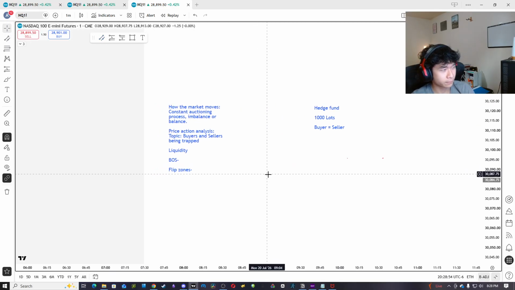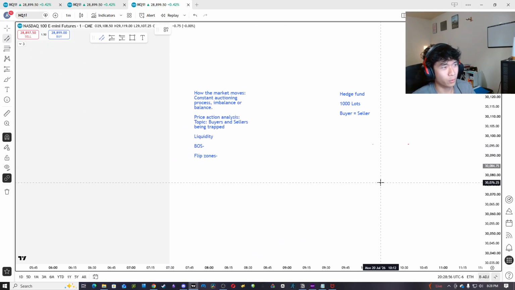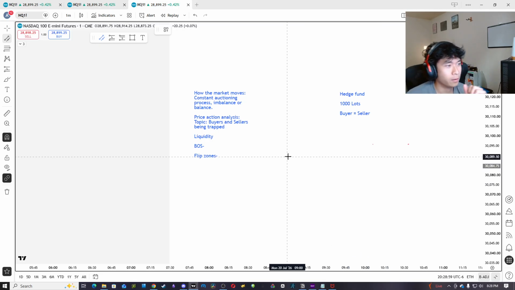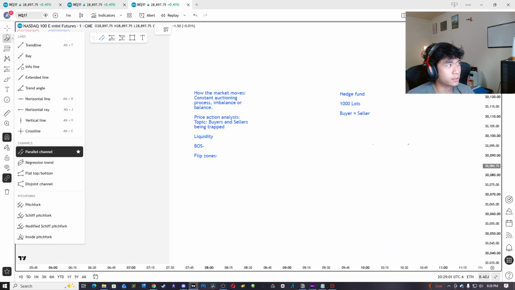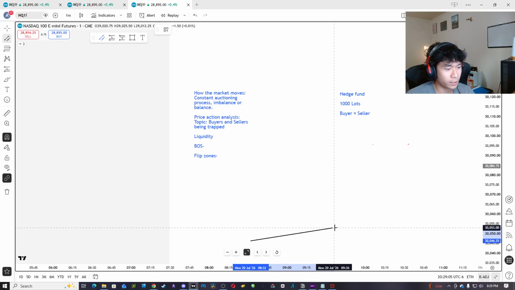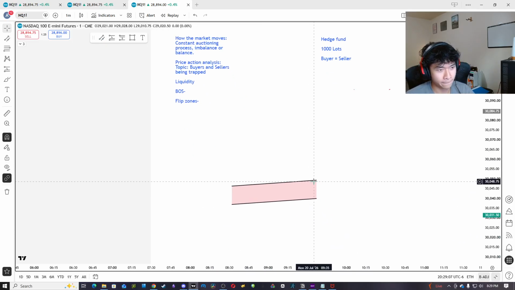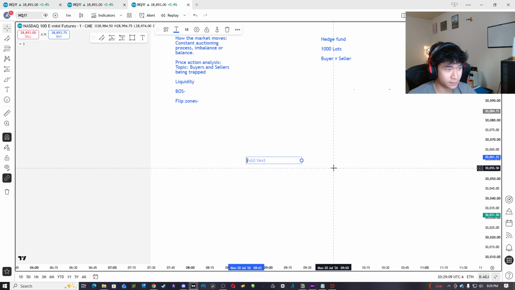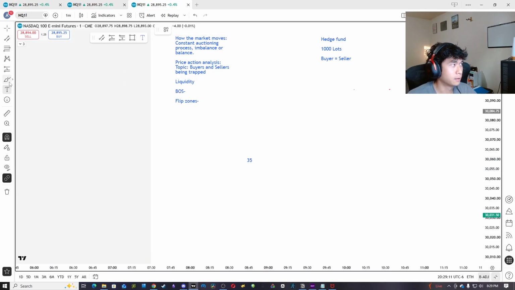So another way that buyers and sellers can become trapped is if they're on the wrong side of liquidity, or they become liquidity. So if price wants to go to, let's say, 35 bucks. Actually, I'll just draw this.